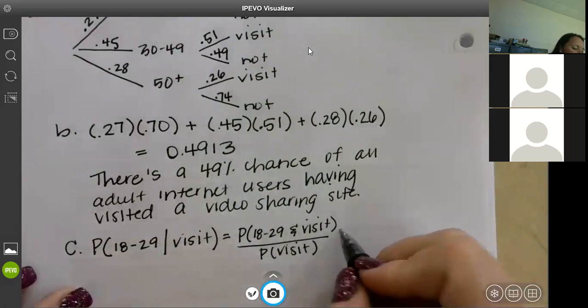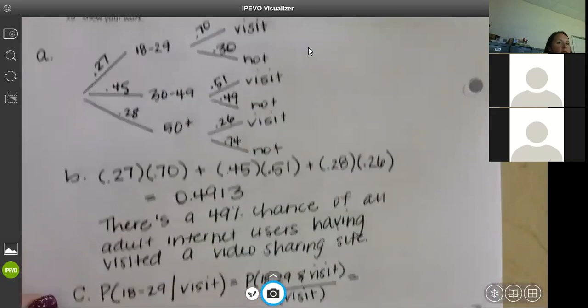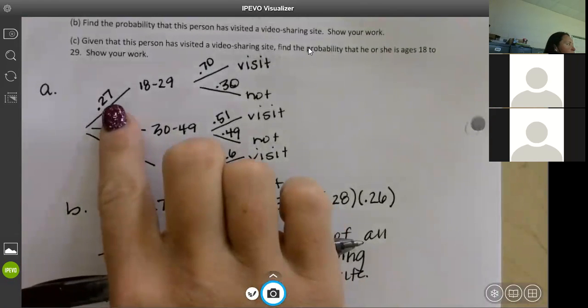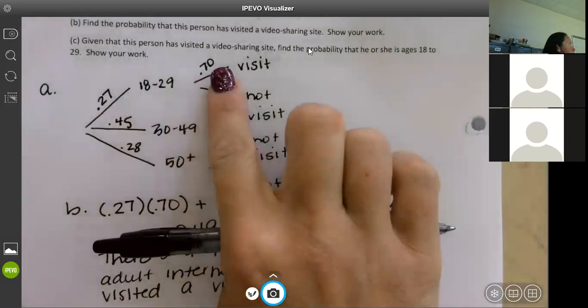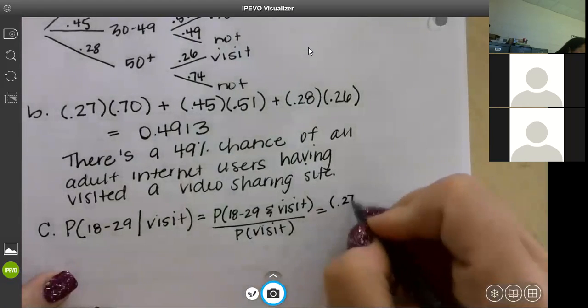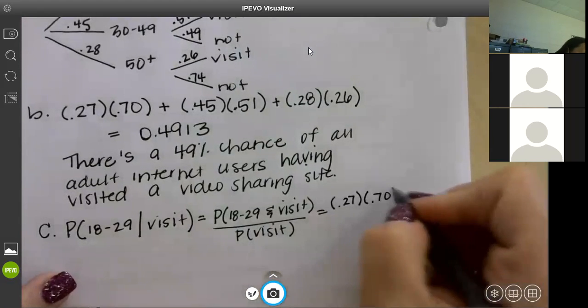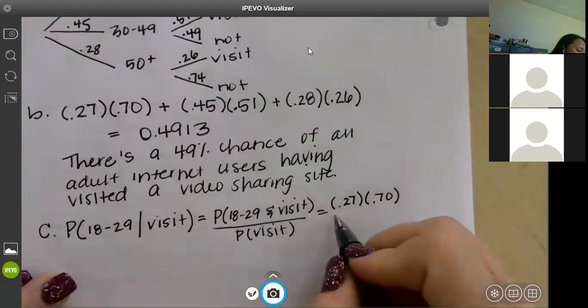All right, so we're going to look at our tree diagram really fast. Here's your 18 to 29, so 0.27, and your visit is 0.70. So we're going to put those two together. So this is going to be 0.27 times 0.70, and again, that's from your tree branches. And then what was the probability of having a visit?